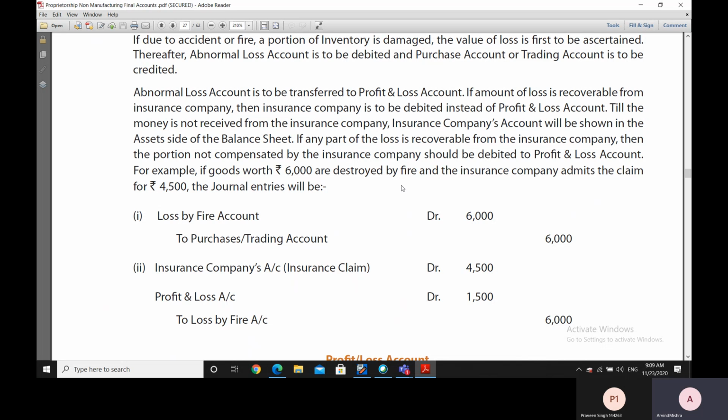So in that situation, we'll make the journal entries like this: first we'll debit the abnormal loss account by 6,000, the total estimated loss value, and credit the purchase, thereby taking it out from the purchase and putting it into the loss account.